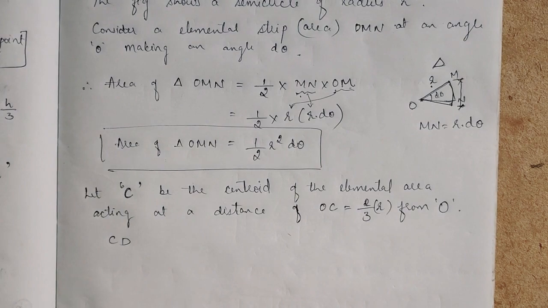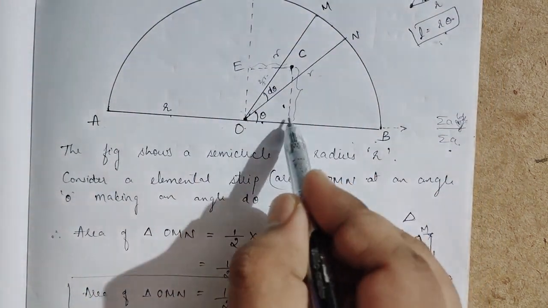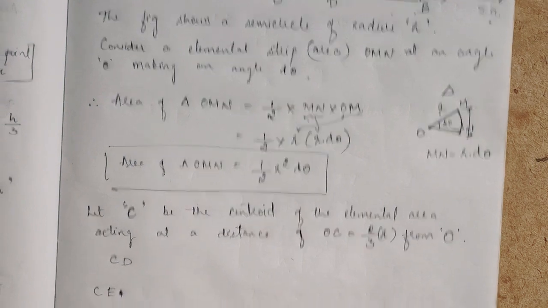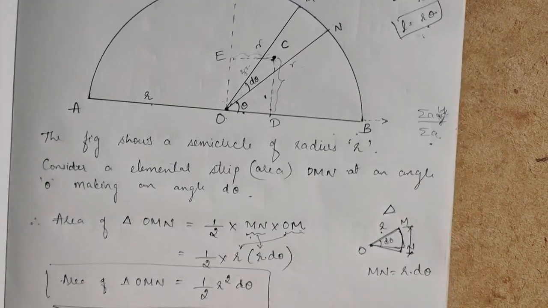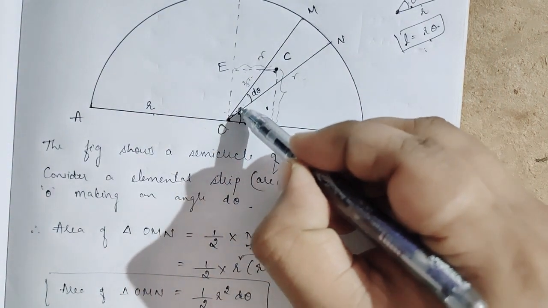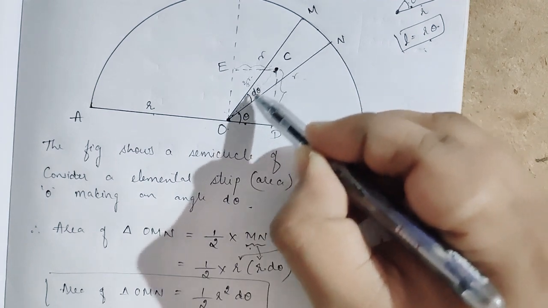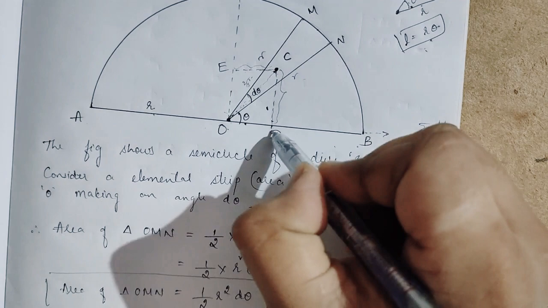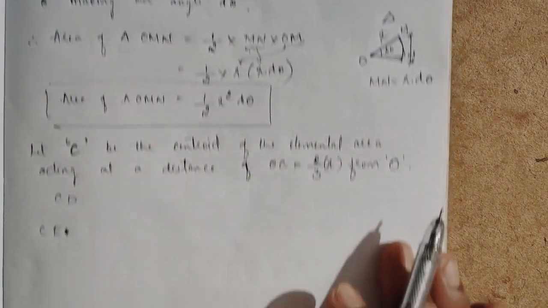Now the distance of CD, I want the distance of CD, and also CE. Before I get the distance, I'll take this triangle. See here, if I imagine a line OC, then OCD will form a triangle.